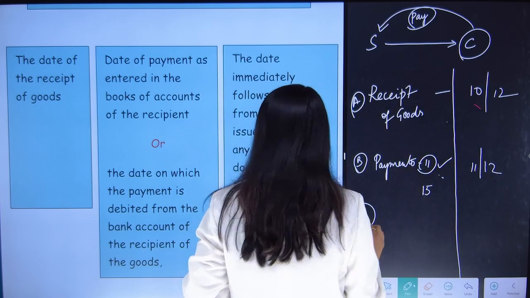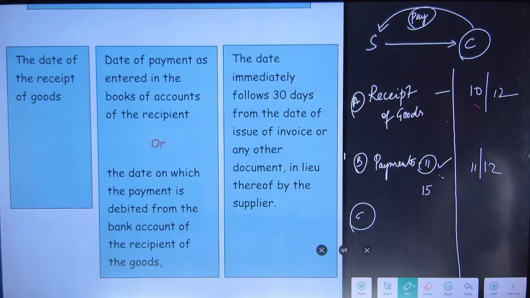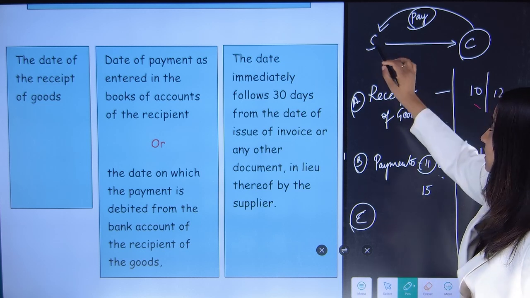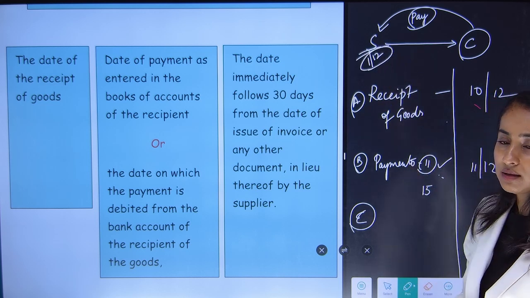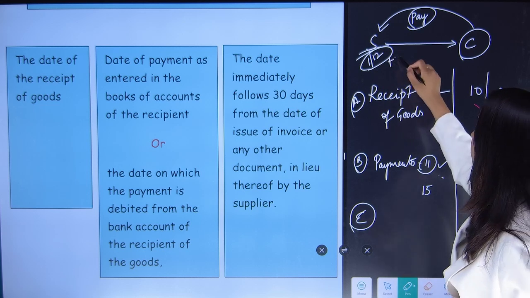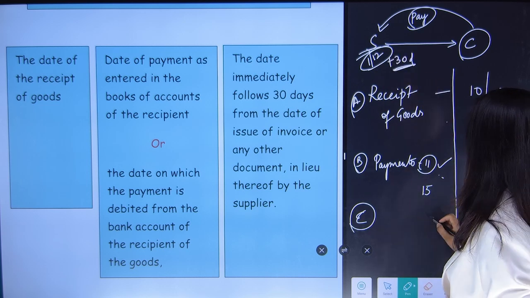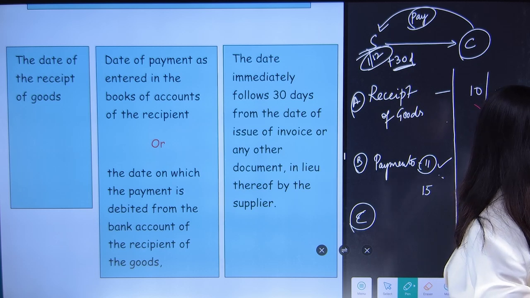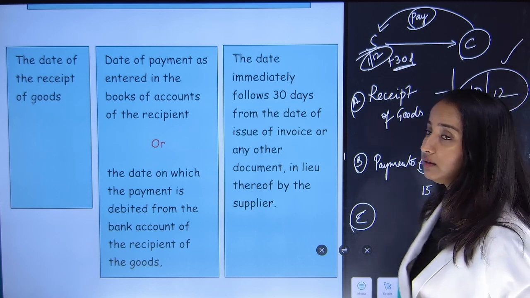C, third: the date immediately following 30 days from the date of issue of invoice or any other document. Let's say the supplier issued the invoice on 1st December. Now, you add 30 days. This will be the last date. So if you add 30 days, here it will be 31st December. Now you consider these three dates. Which is the earlier of these? This.